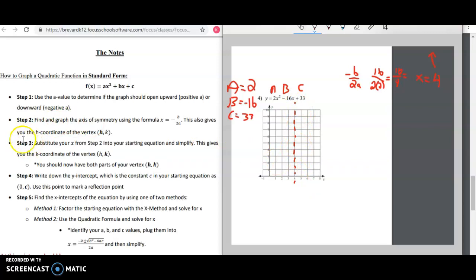Step 3. Substitute your x from step 2 into your starting equation and simplify. This gives you the k coordinate. So now I'm going to take this equation, my original equation, and everywhere I see an x, I'm going to put this 4.